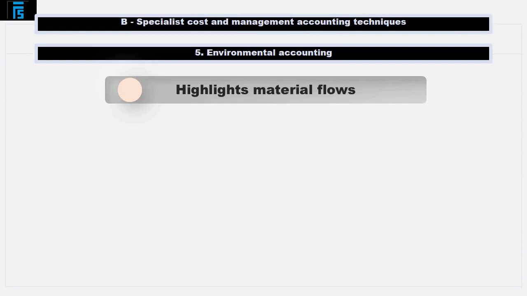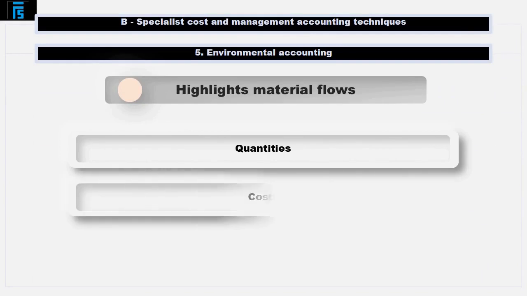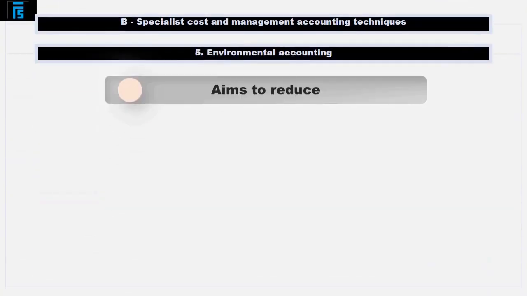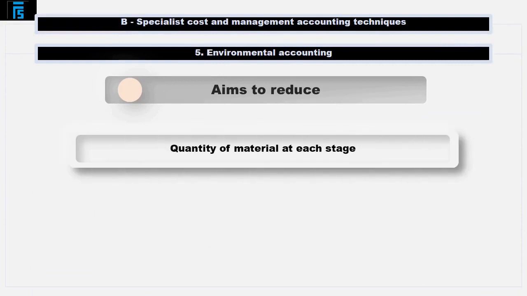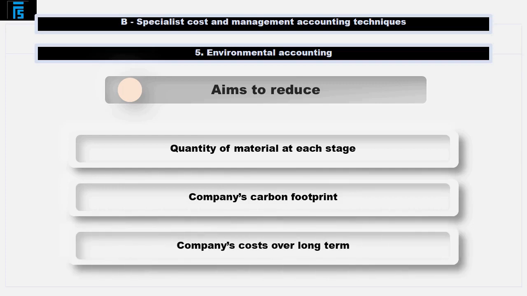Flow cost accounting highlights material flows by examining the physical quantities involved, their costs and their value at each stage of the organization. Flow cost accounting aims to reduce the quantity of material at each stage. Not only should this reduce the company's carbon footprint, which will have a positive effect on the environment, but it should also reduce the company's costs over the long term.